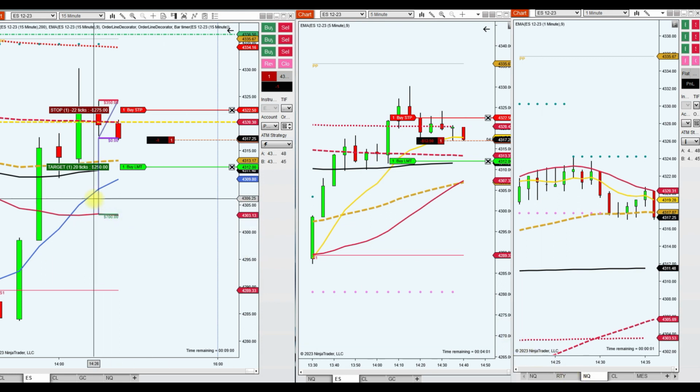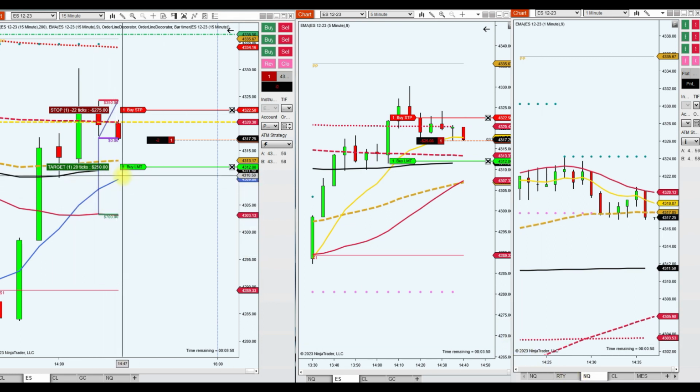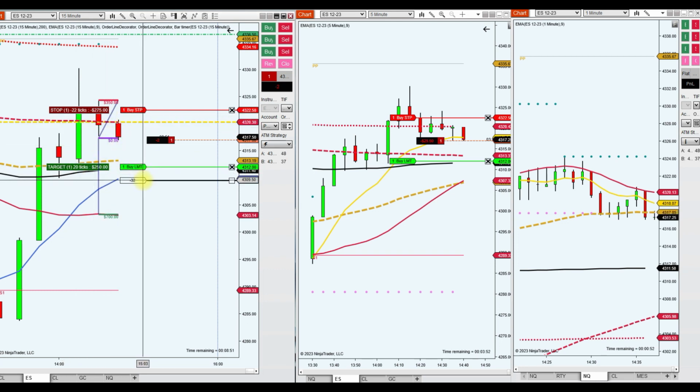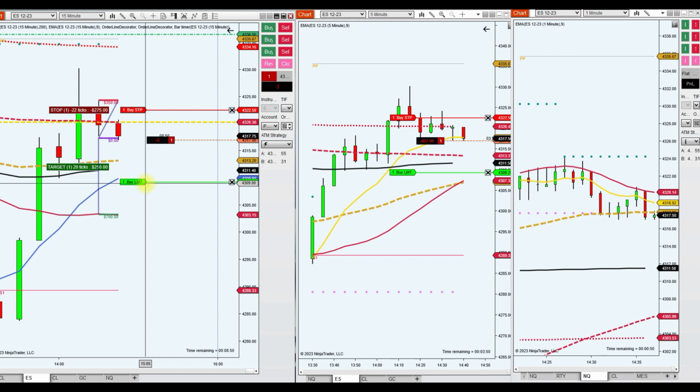Now, obviously, I had to move my target down because I wouldn't risk 275 or 250. Let's try to get that 2 to 1 at least.